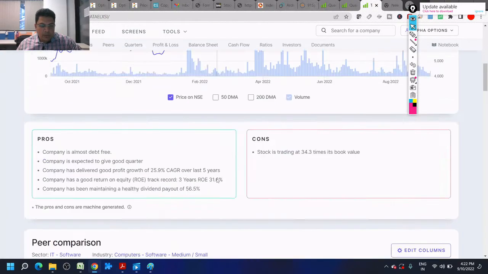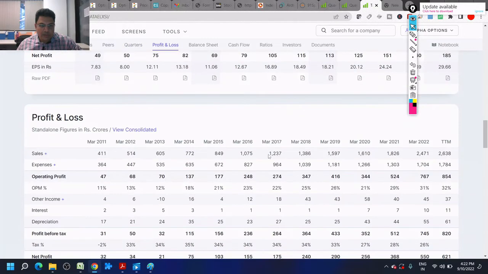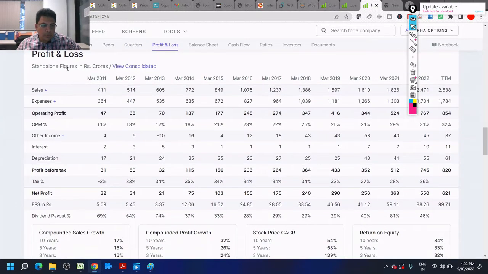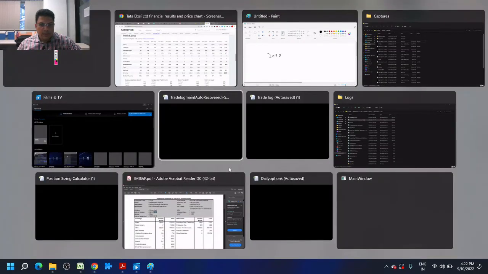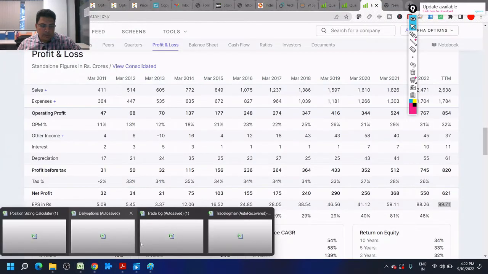Usually I look at this EPS. If you scroll down, you'll get quarterly results, balance sheets. It's a beautiful tool. You need to analyze all the stocks. So EPS today is about 99.7, so we put this into our Excel.